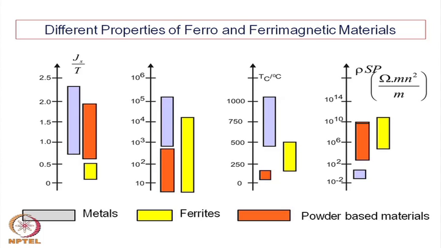In transformer applications, whenever there is a low resistance, there is a phenomenon called eddy current on the surface, and that depends primarily on the resistance value. Lower the resistance, the eddy current is high, and therefore the loss is high. So, the eddy current finally gives rise to loss in the form of heat energy.